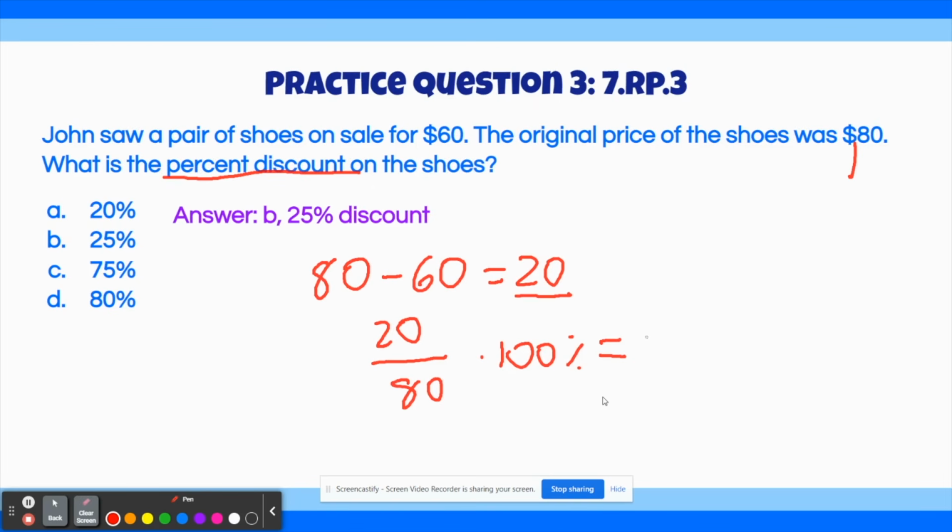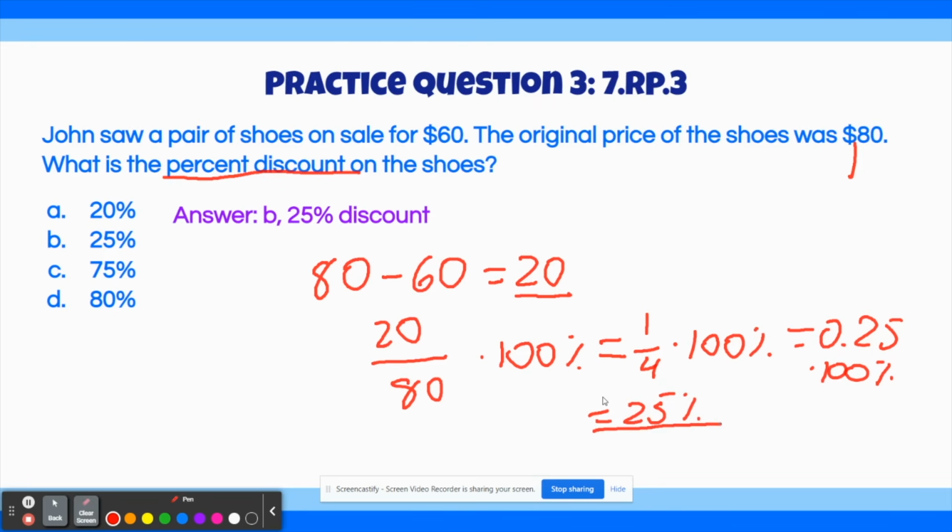So this is 20 over 80, which is just 1 over 4 times 100%, which is 0.25 times 100%, which just equals 25%. And we see that one of our answer choices is 25%. It's B, so we can circle this, and that's our final answer.